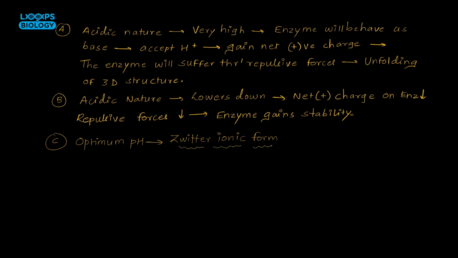In this Zwitter ionic form, the net charge on the enzyme is zero. That means there is balanced positive and negative charge present on the enzyme. So there will be no repulsive forces, right? Repulsive forces become zero, which means the enzyme gains maximum stability.